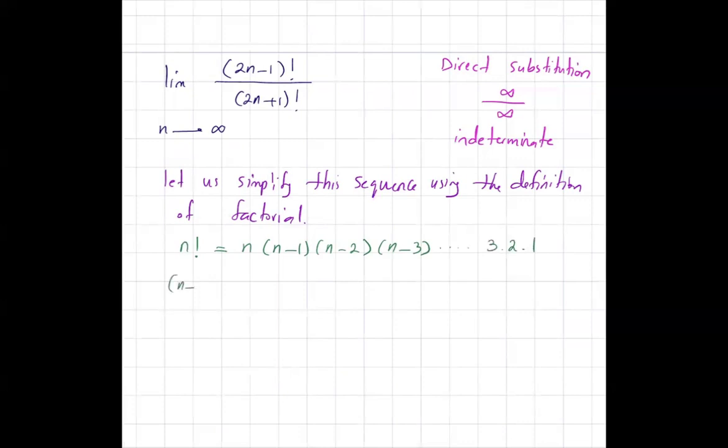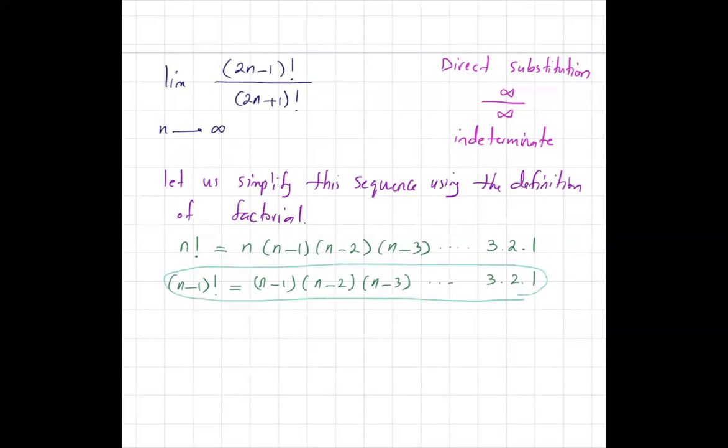And since n minus 1 factorial is equal to n minus 1 times n minus 2 times n minus 3 times 3 times 2 times 1, you can use this and rewrite n factorial in a shorter format, because you have n minus 1, n minus 2, n minus 3, this multiplication, which is basically n minus 1 factorial. So n factorial can be written as n times (n minus 1) factorial.